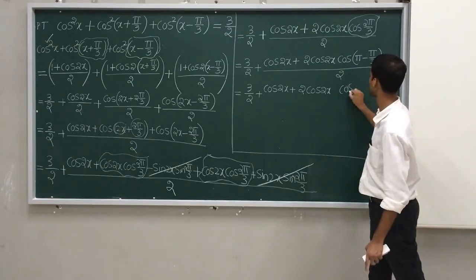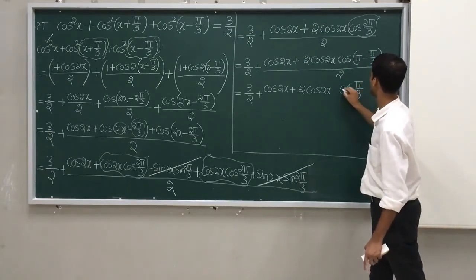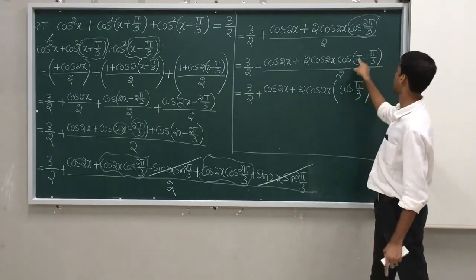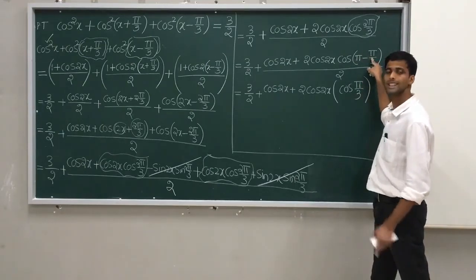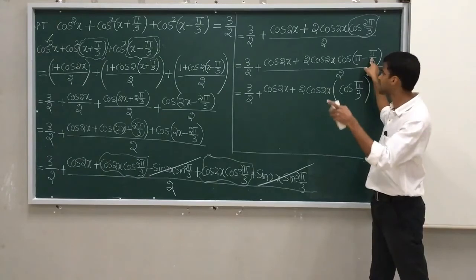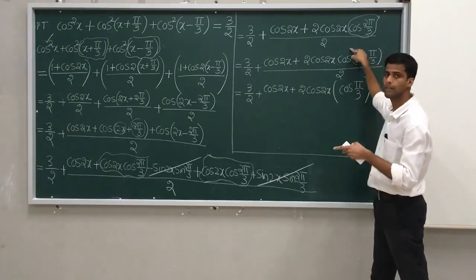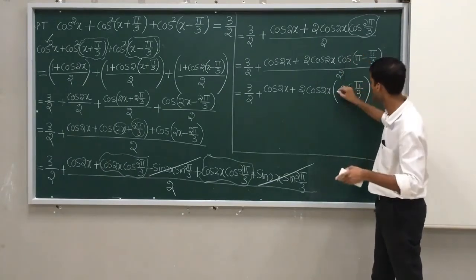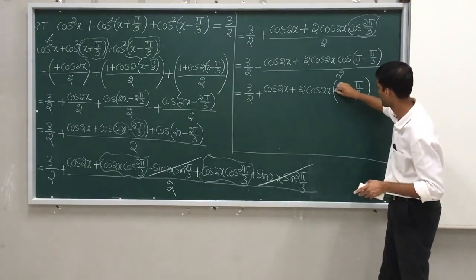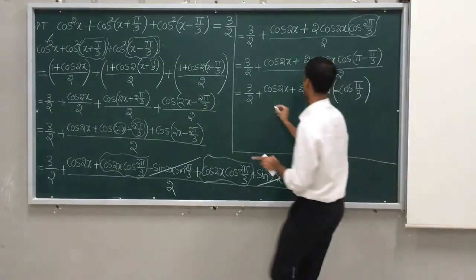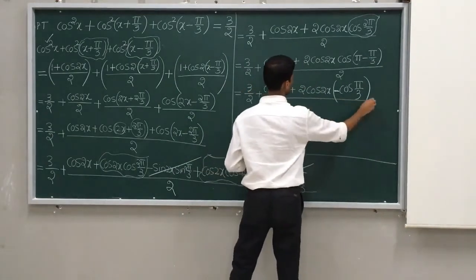It is cos of pi by 3. 180 minus theta means second quadrant. In the second quadrant, cos is always negative according to ASTC. So this answer becomes minus, whole divided by 2.